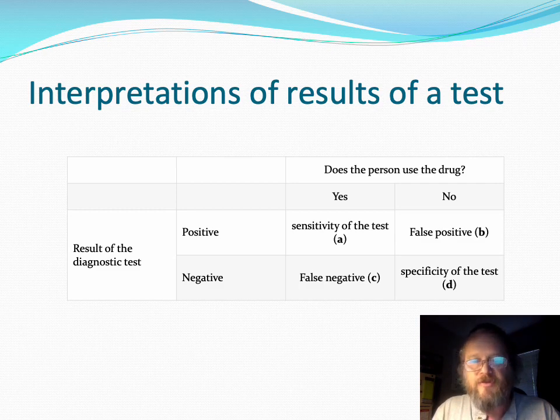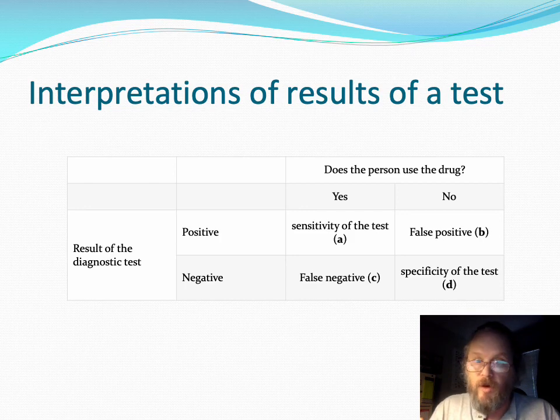So the yes, that's the sensitivity of the test, and we'll call that A. If we test positive, that's a true positive. The other possibility is if you test negative, but the person really does have the condition, does use the drug.